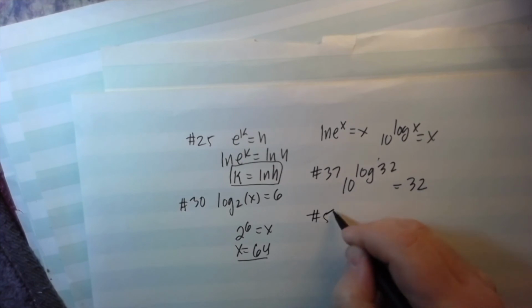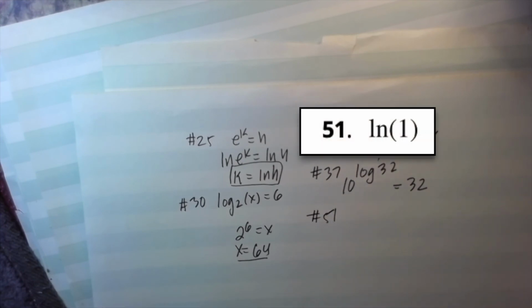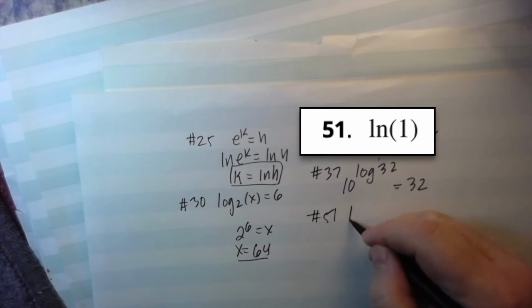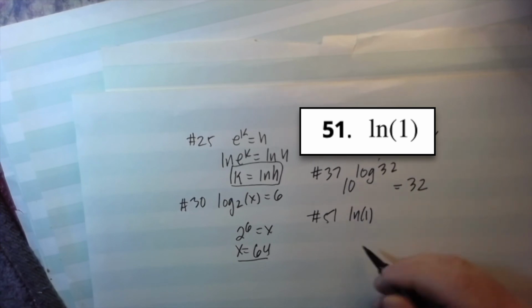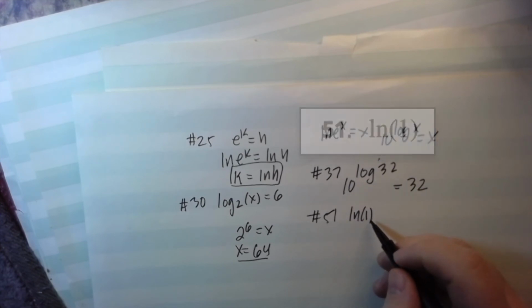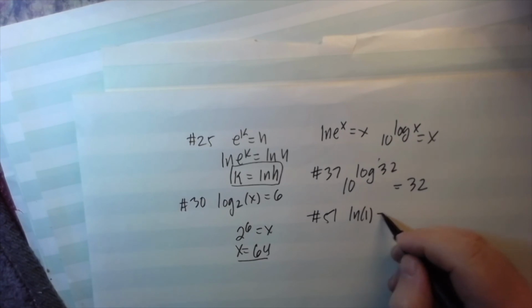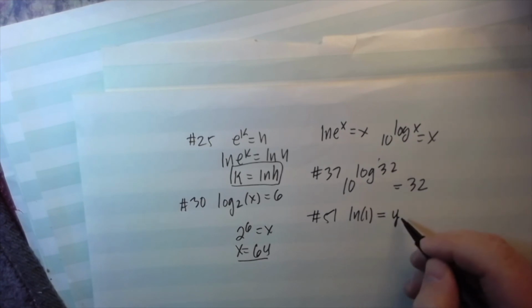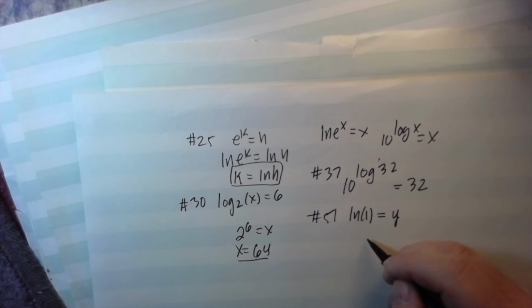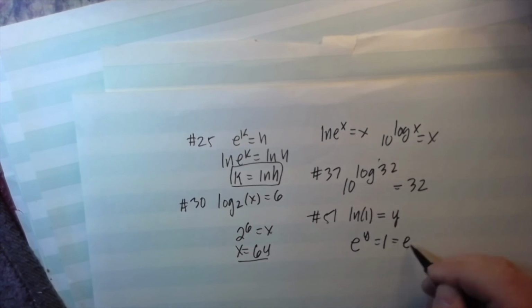And if I do 51, which is the ln of 1, if I wanted to figure out what it was, I could rewrite it as an exponential, which would be e to the y is equal to 1. Now we know that we can write 1 as e to the 0 power, so that would make y equal to 0. We can do it like that.